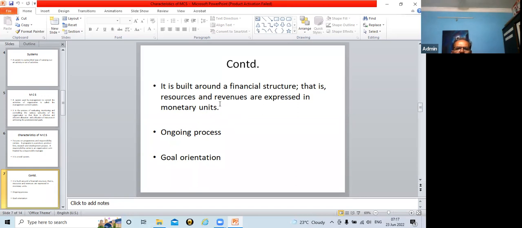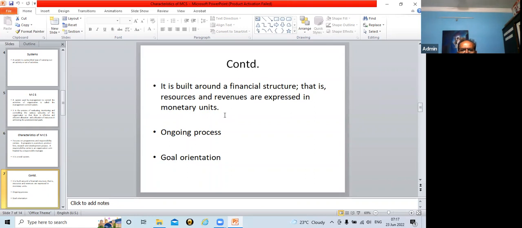Number three, it is built around a financial structure, that is, resources and revenues are expressed in monetary units. So here we are talking about financial structure, where resources and revenues are always expressed in money. All resources and revenues should be expressed in money.